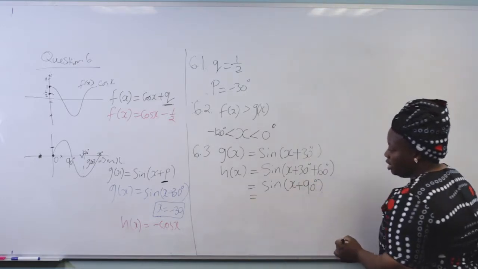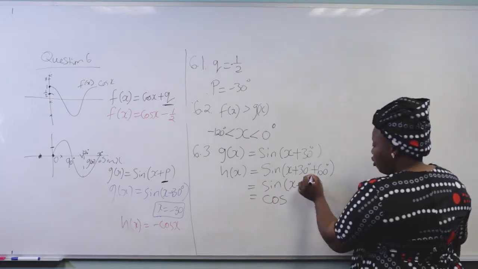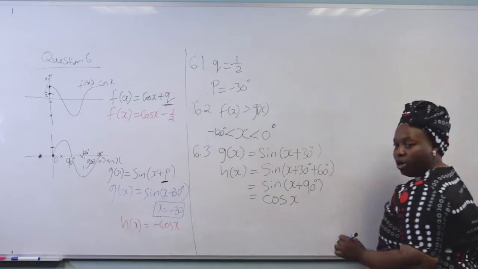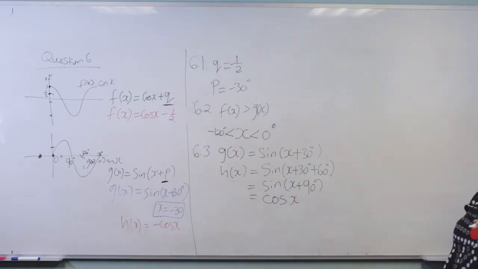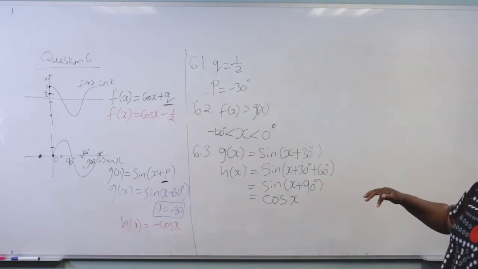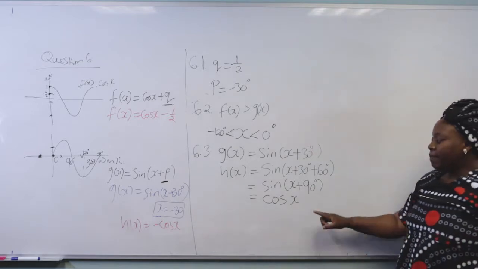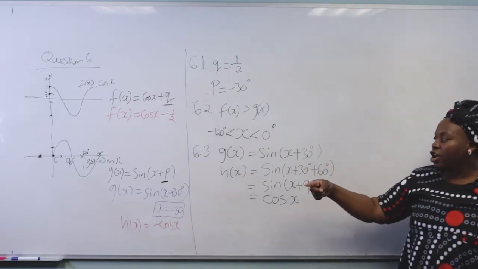And that is going to be cos of x, because 90 plus x is in the second quadrant where sine is positive and will give you the answer. But remember they said it must be negative.